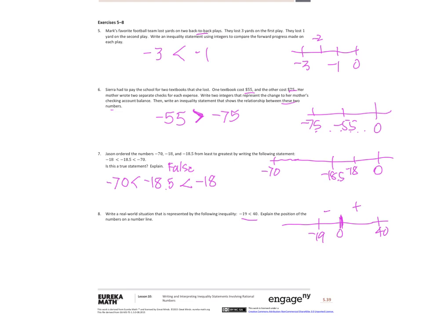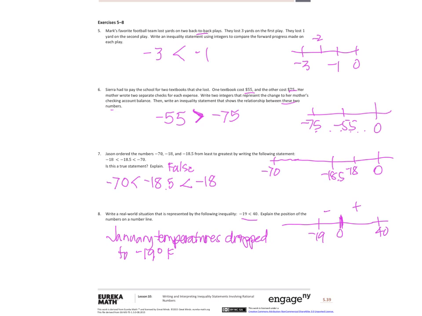So I have to come up with a real world situation. What if we said something about temperature? What if we said January temperatures dropped to -19 degrees Fahrenheit. Okay.